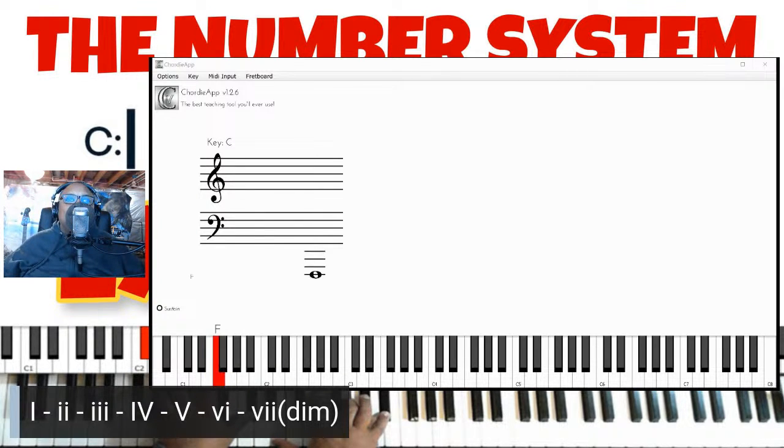Tonight we're going to introduce the number system, and talk about why it's something every musician should know. So let's get started. We don't want to waste too much time.